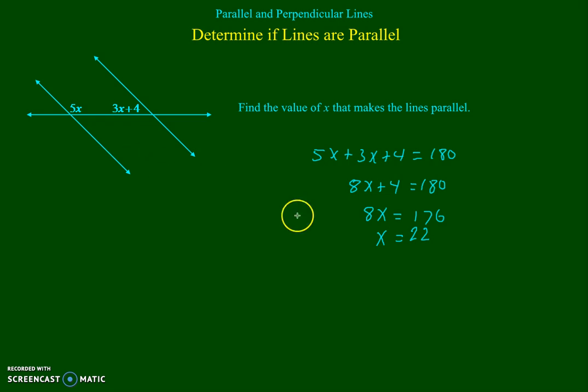Now if we plug that in, we have 5 times 22, which is 110. And here we have 3 times 22 plus 4, which is 70. And yes, in fact, these angles are supplementary, so we've got a check on our information.